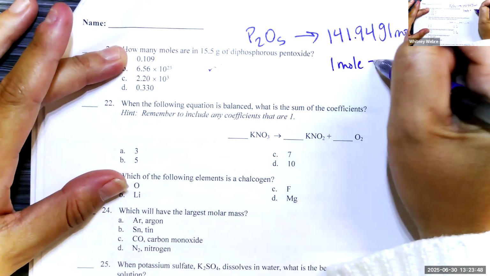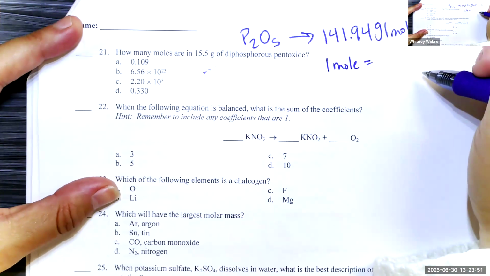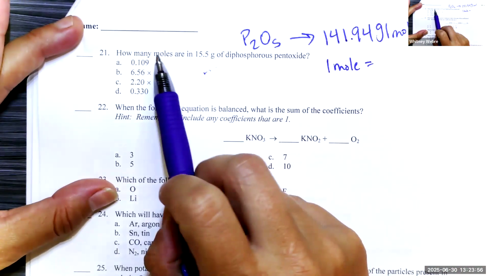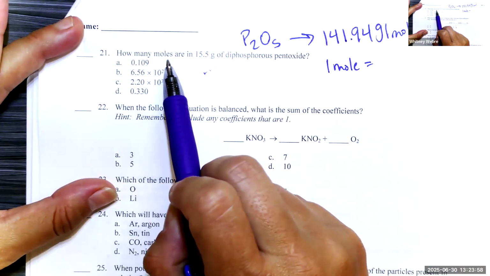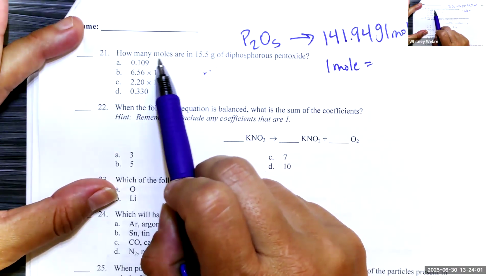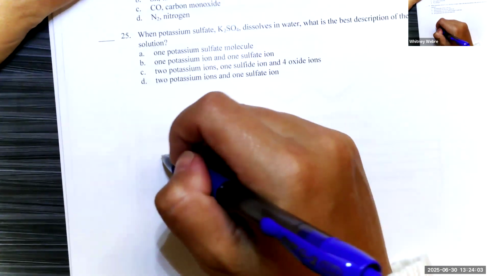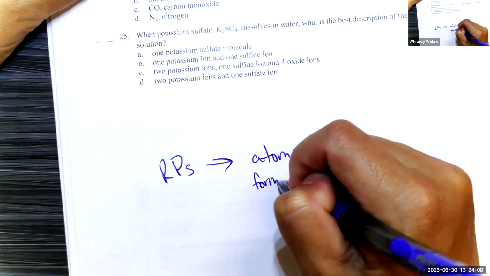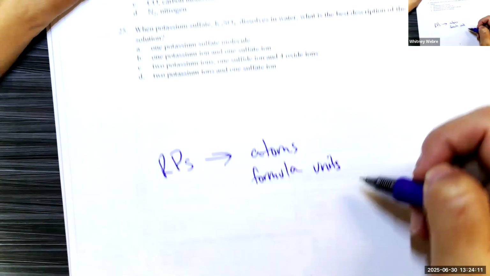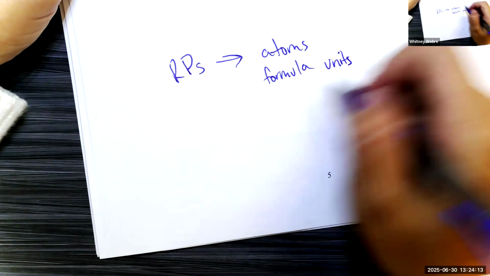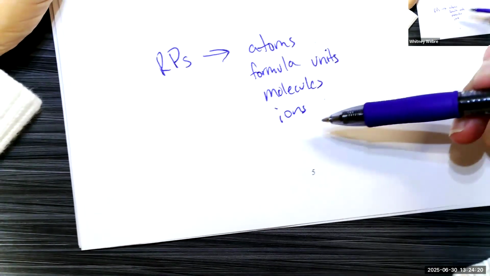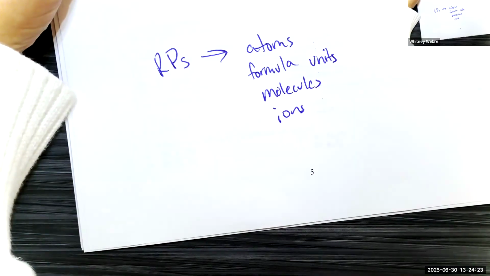1 mole equals, do I need represented particles for this problem? So I'm starting in grams and it's asking for moles. Is moles a represented particle? Remember, the represented particle is the smallest version of something, so molecules. It's going to be one of these. So if it doesn't have those keywords, it's not looking for represented particles.